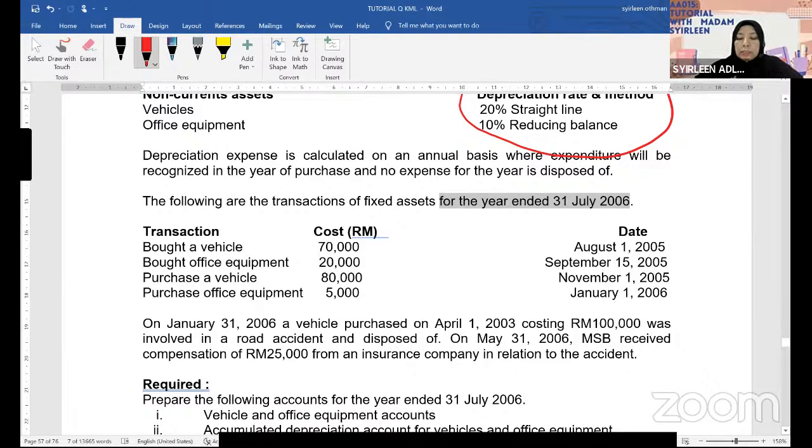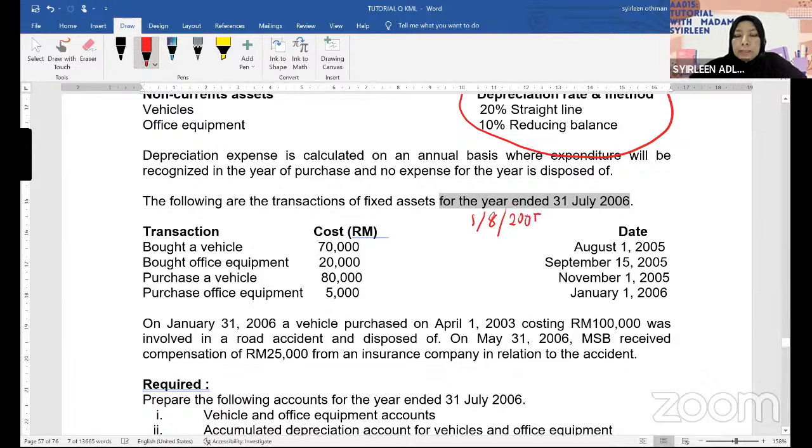That means this company's accounts don't start on 1st January. It starts from 1st August 2005 and ends 31 July 2006. You need to take note of this because the accounting period affects your calculation. Don't assume it is always 1st January to 31st December. So this is your accounting period. So what happened during this accounting period?